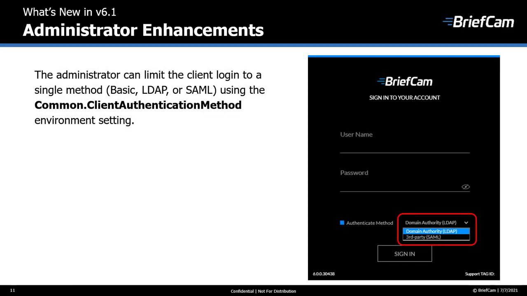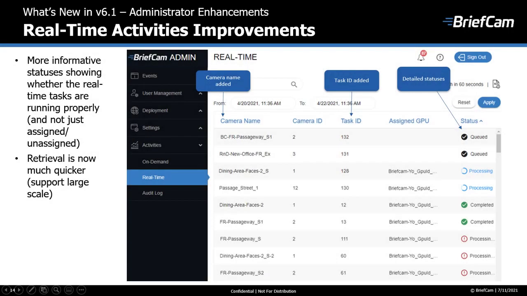Now the administrator can limit the client login to a single method using a new environment setting. So when the administrator makes a change to this setting, it will affect what is shown here in the sign-in screen. And we also made a number of improvements to the real-time activities screen.